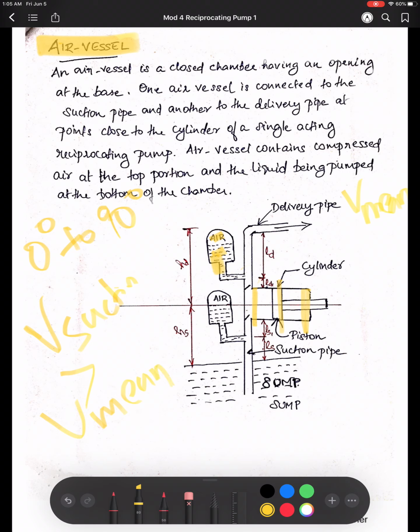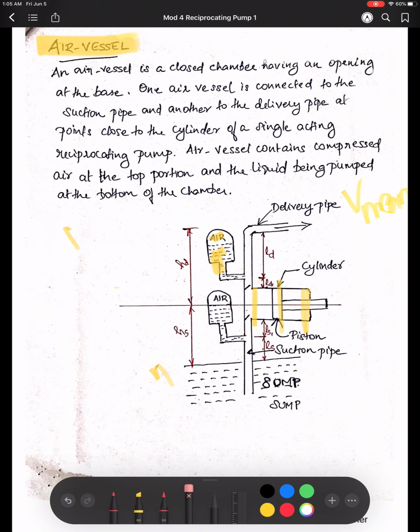That means what happens is the amount of discharge to be supplied to the cylinder will be greater than the discharge that is available in the pipe. So to compensate that, water from the air vessel will also be sucked in. That happens in the first half of the suction stroke.